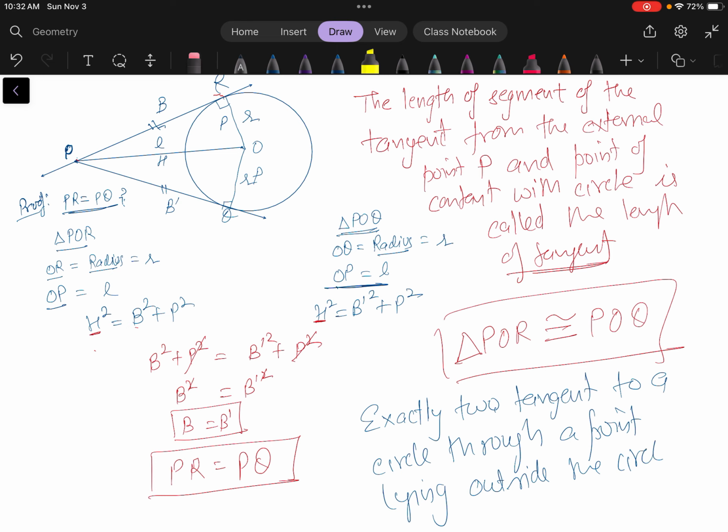So what we said, the two tangents we are trying to draw here: this is tangent 1 and this is tangent 2. Exactly two tangents we can draw from this point that is lying outside the circle, and the length of these two tangents is always equal. Okay, clear? Any doubt?